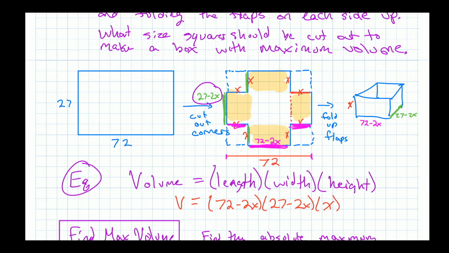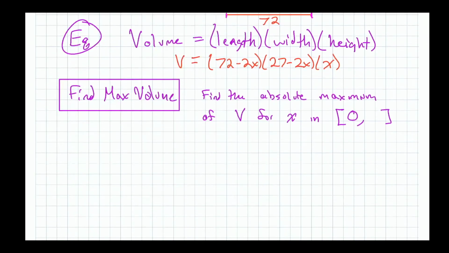If x was 13.5, it'd be 27 minus 2 times 13.5, and that would be 0. And then there'd be no side left, so you couldn't go bigger than that. So if you happen to know that, you could write that down. If you don't know that, don't worry about it, okay?